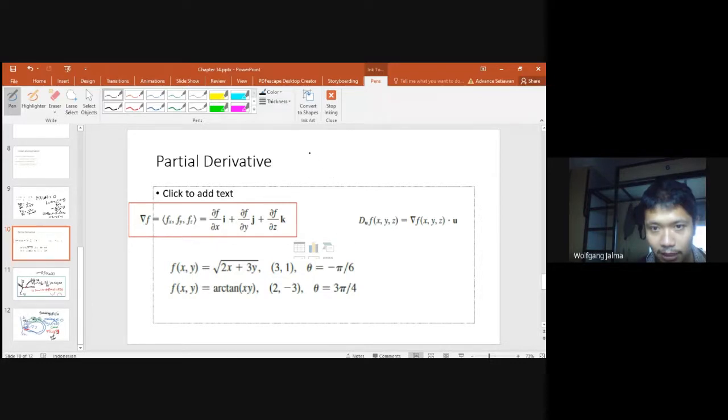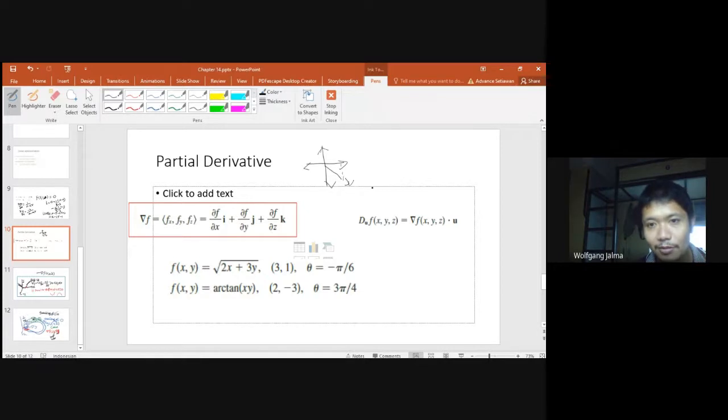So here we have minus, this is u, and u is minus pi over 6.